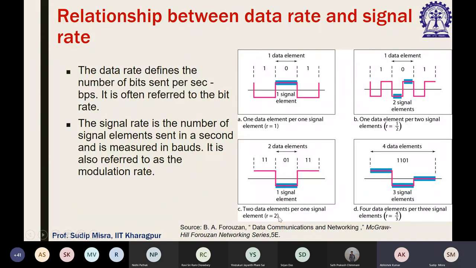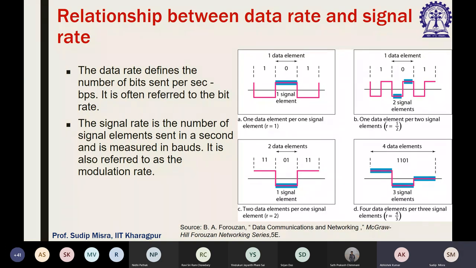Here, R equals 2 by 1, which is 2. And over here, R equals 4 by 3: 4 data elements, 3 signal elements. You can use whatever representation you feel, but you have to be consistent in terms of the encoding and the decoding.